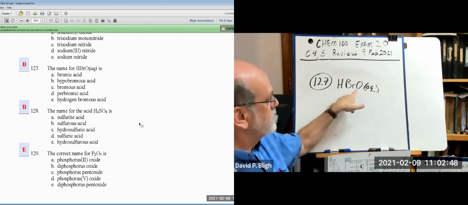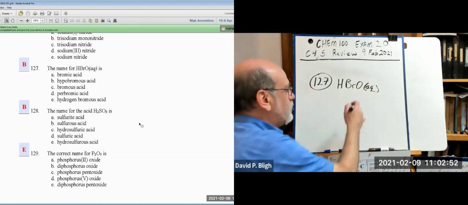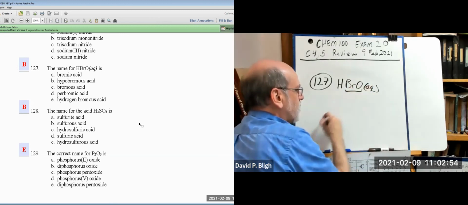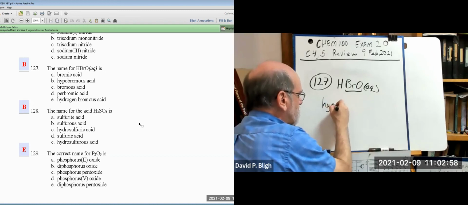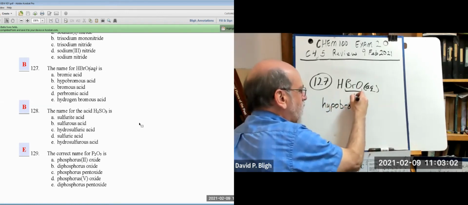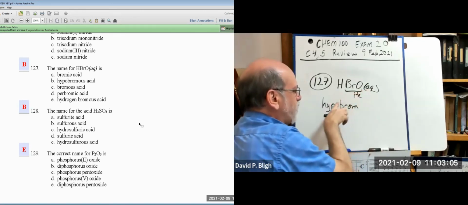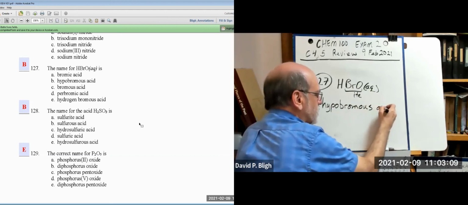So what we need to do is, because there's oxygen there, we don't say hydro. We look for, what is this? It's the hypobromite. Hypobromite means hypobromous acid.